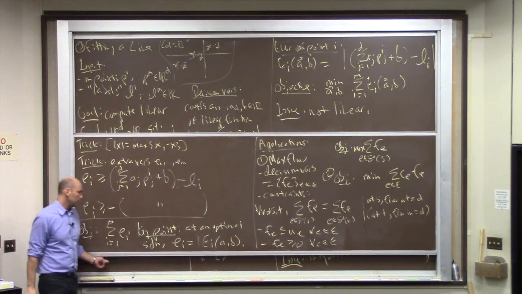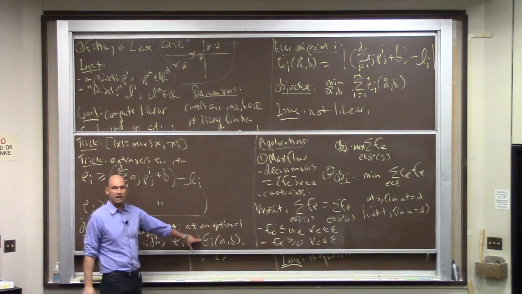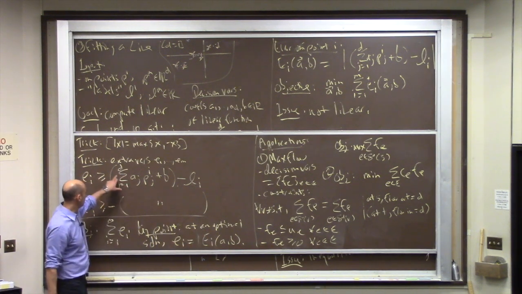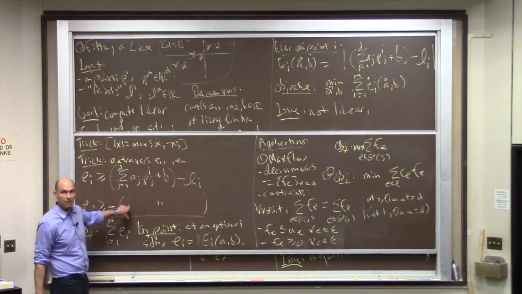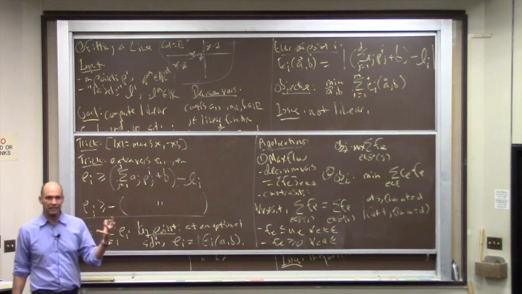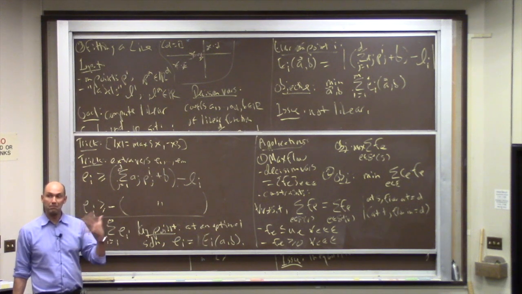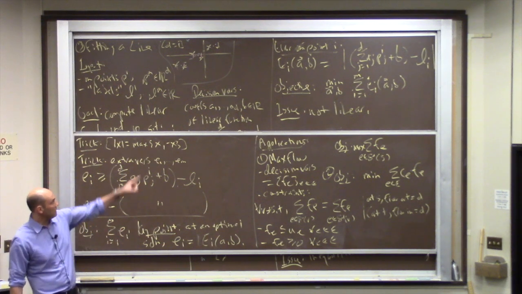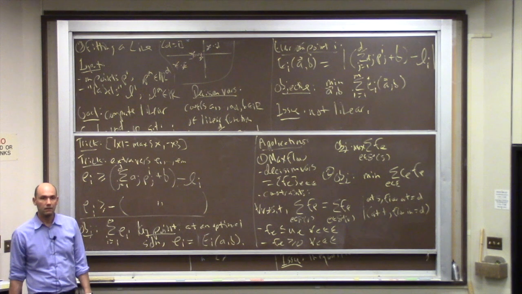So why is that true? Suppose the error is like 5. Then we're going to have two constraints, one which says it's at least 5 and one which says it's at least minus 5. So e_i certainly can't be strictly less than 5, right? Because one of the constraints literally says it has to be at least 5. So by feasibility, e_i can only be bigger than what we want it to be, bigger than the absolute value of what's in the upper right.